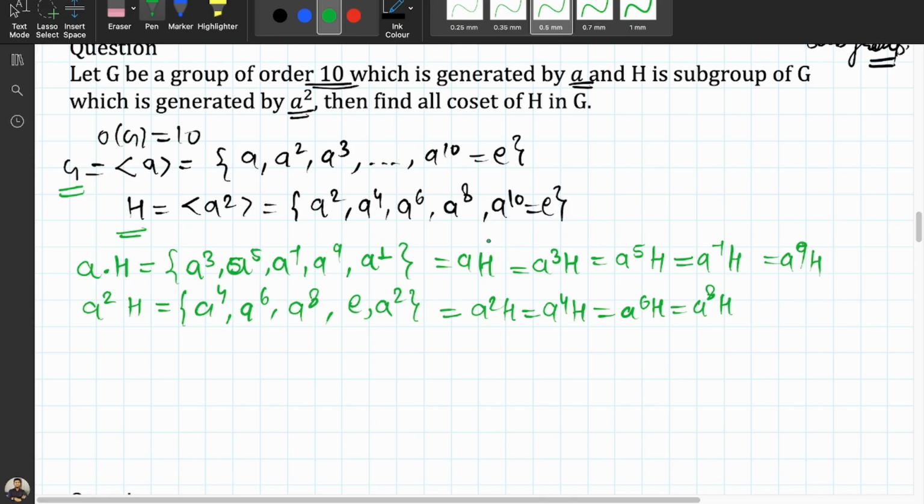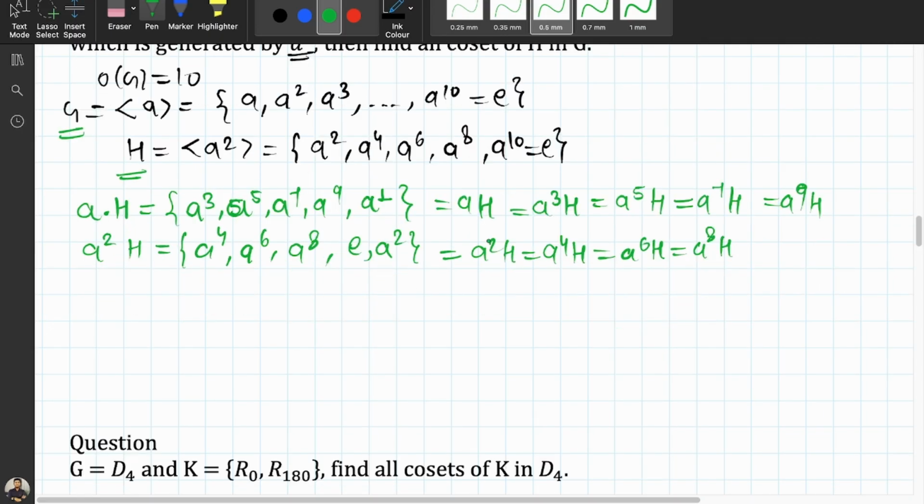From here, how many distinct cosets are there? What the index is, we will see later.